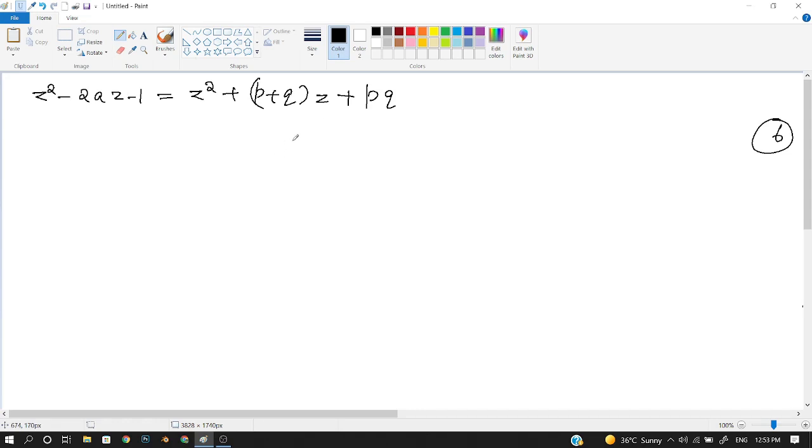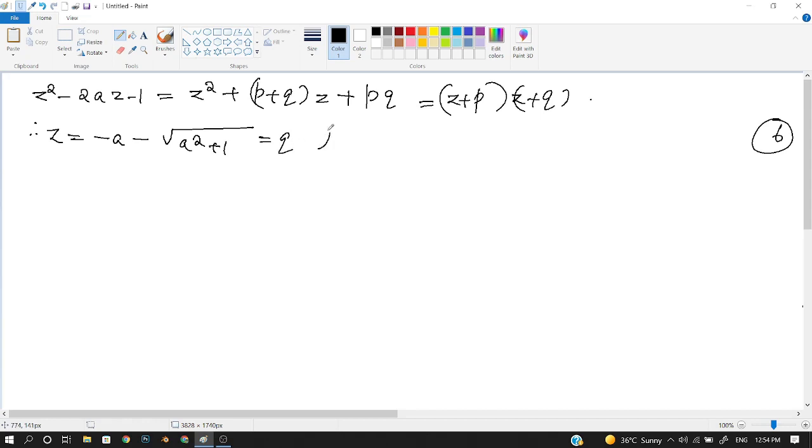Now this is same as z plus p into z plus q. Therefore, z equal to minus a minus square root of a square plus 1 equal to q that lies outside C.